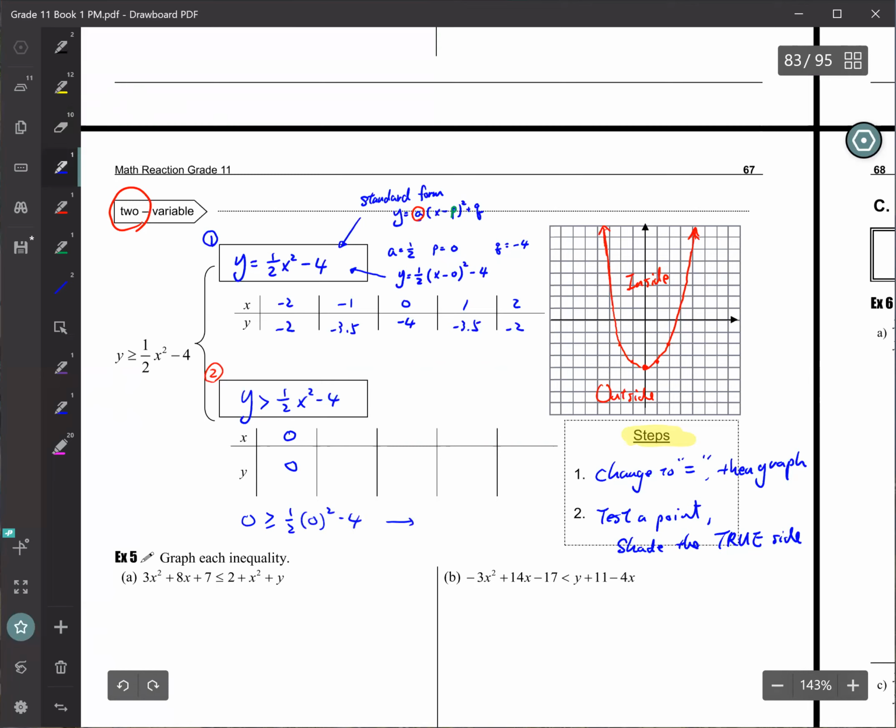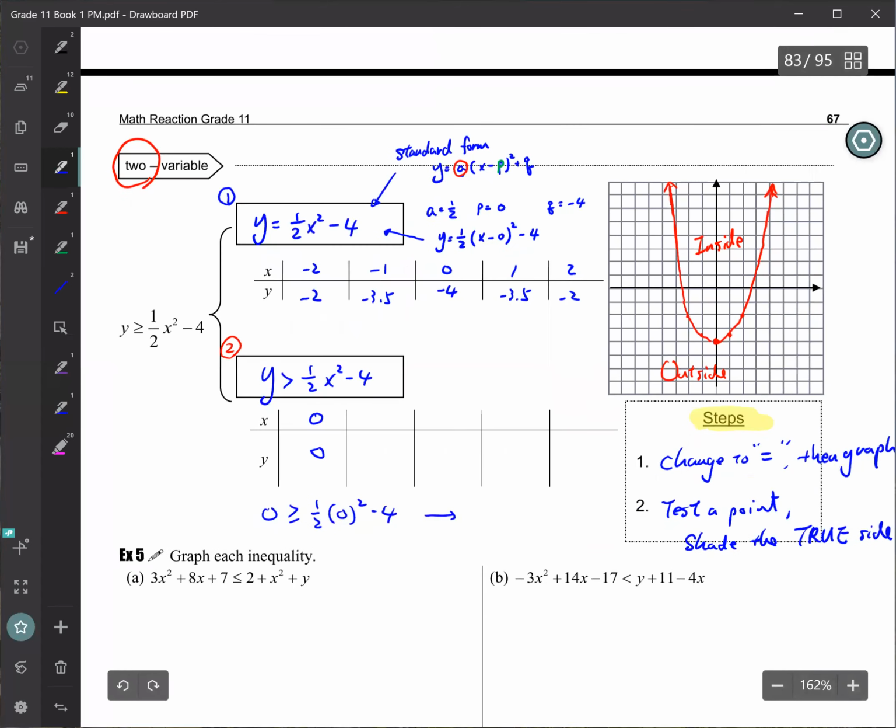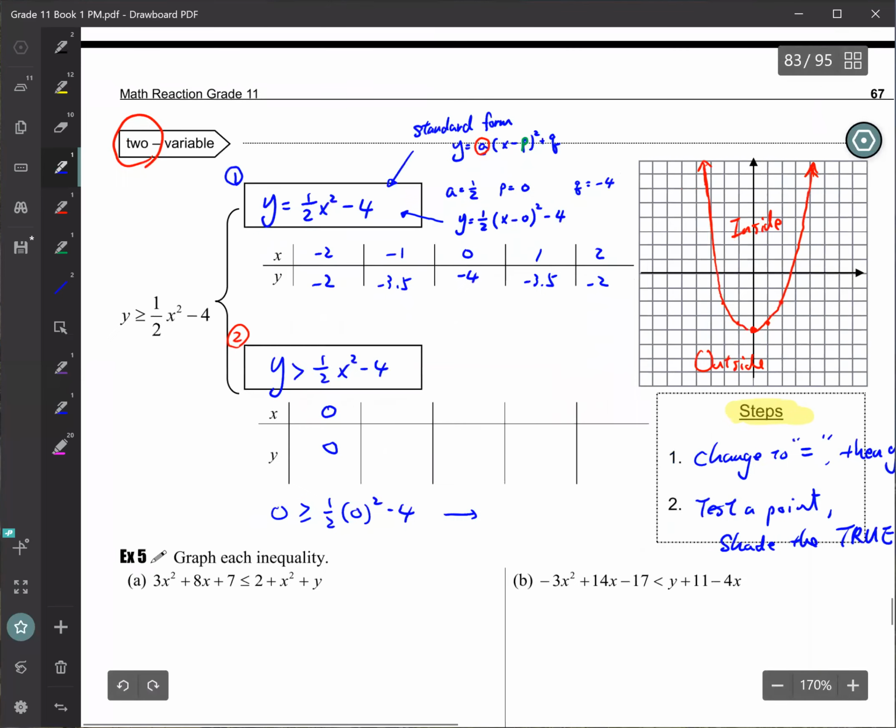All right, Marcus, is this one true or false? It would be true. Oh wait, no, sorry, I haven't finished this part. Okay, let me know when you find it.